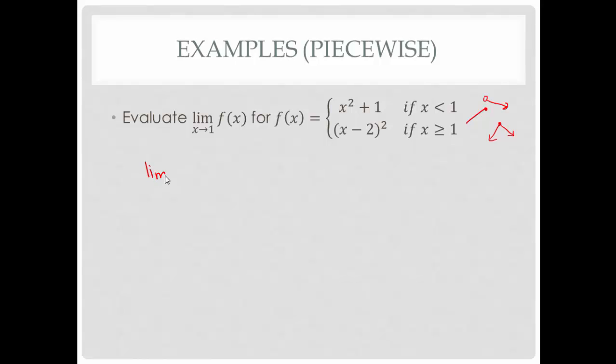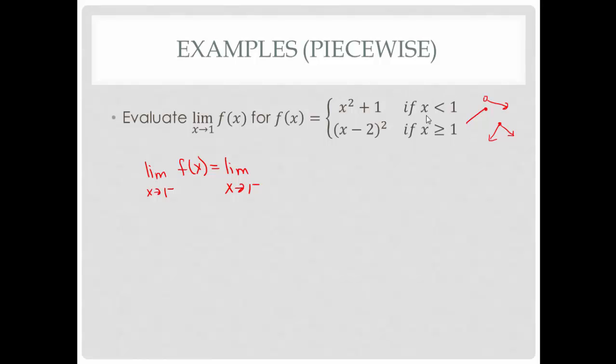So we're going to look at the limit as x approaches 1. Let's start with from the left. We're going to do both. It doesn't matter which one we do first. So remember what that means. It means your x values are coming at 1 from numbers smaller than 1. So when you're looking at a piecewise function, which one of these pieces do you use when you're using x values smaller than 1?